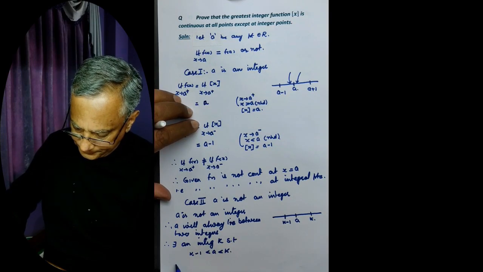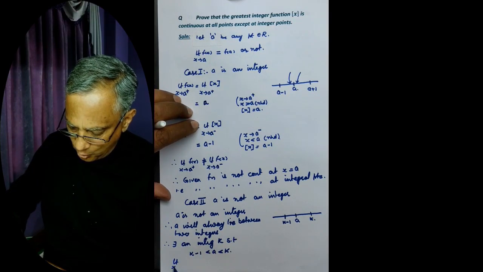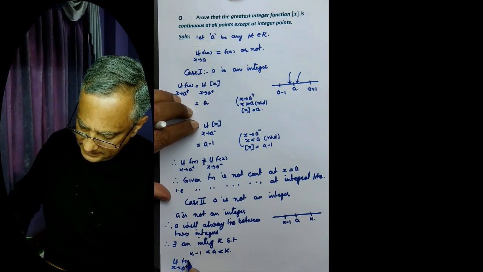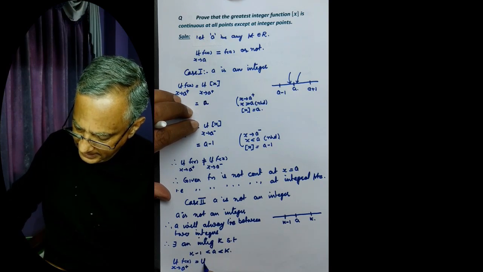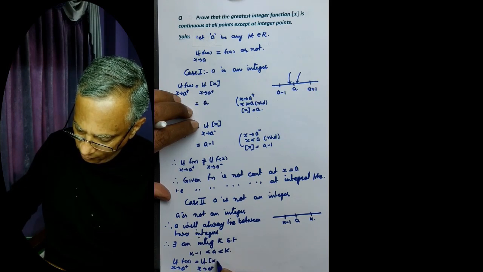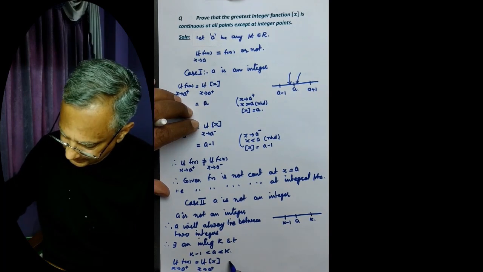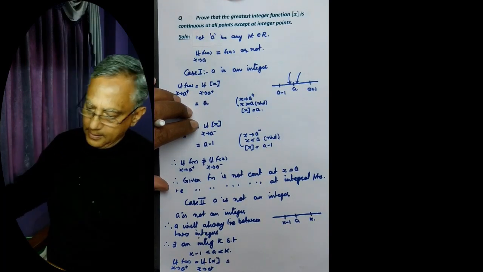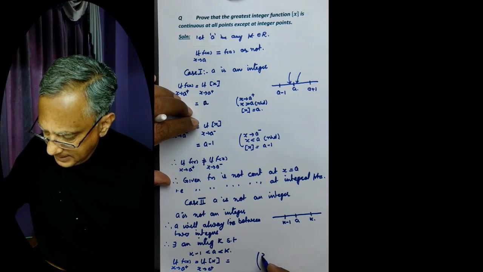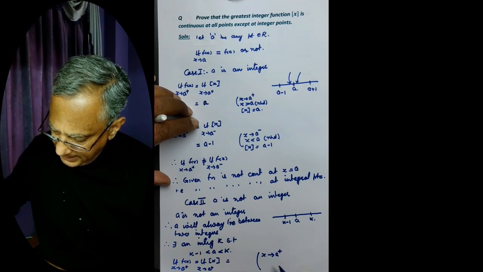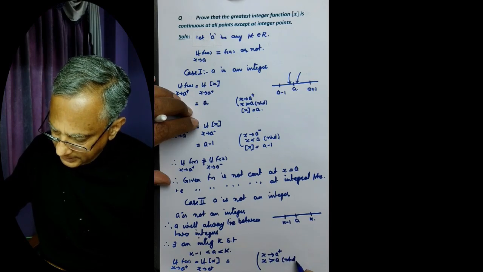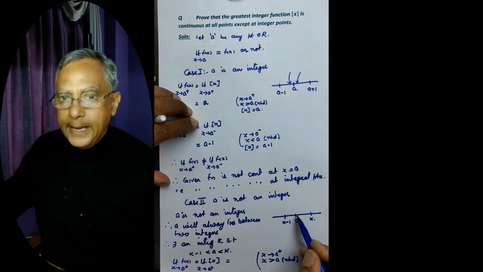Now, limit x approaches a from positive side f(x) is equal to limit x approaches a from positive side integral value of x. And this is equal to, now x approaches a from positive side, this will mean x is greater than a in the neighborhood of a, that is points very near to a.